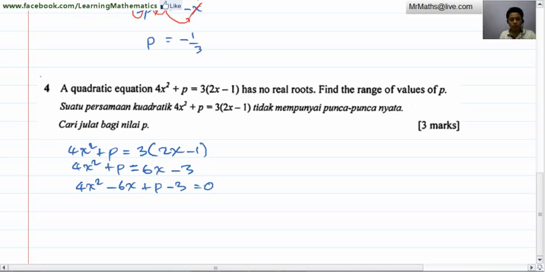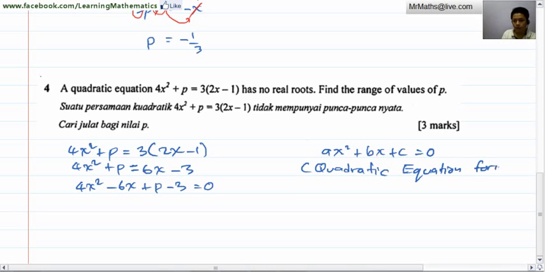If you notice the typical format of a quadratic equation, it is ax squared plus bx plus c equal to 0. So this is the standard format of a quadratic equation. And if you want to find roots, how do we normally do it?